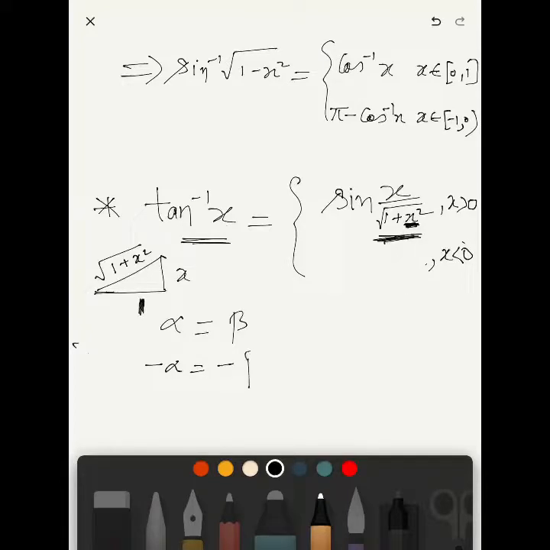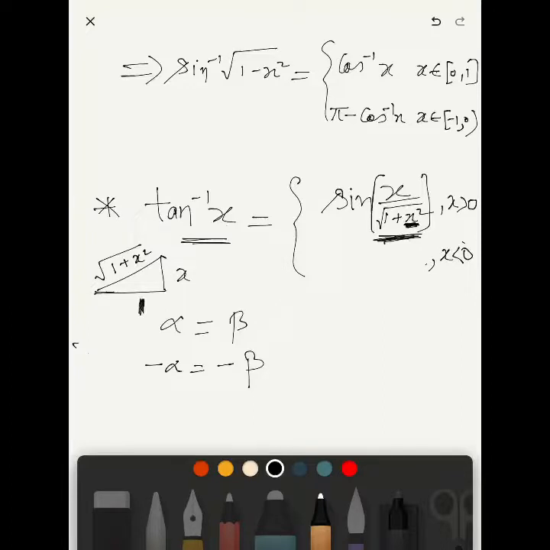Minus of beta, isn't it? It comes out to be minus sine inverse x from type 1. Since the input is negative, sine inverse of minus x is equal to minus sine inverse x. That's why I've written here minus beta.